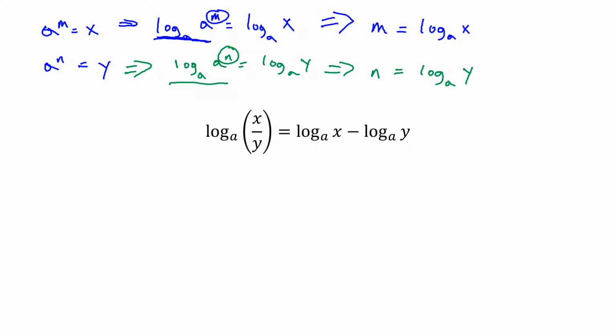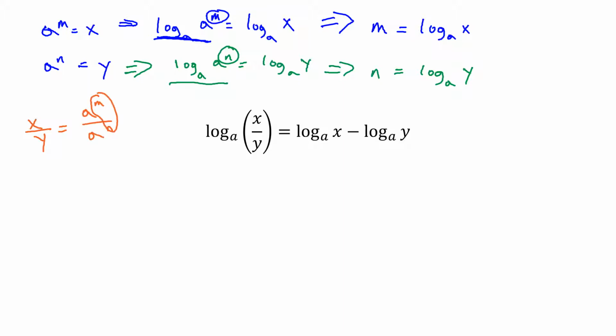So if we were trying to prove what's going on here, remember that this is basically a division problem. Think about what would happen if we did x divided by y. What happens if you have a to the m over a to the n?